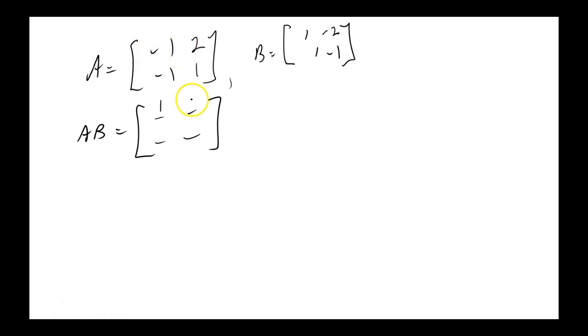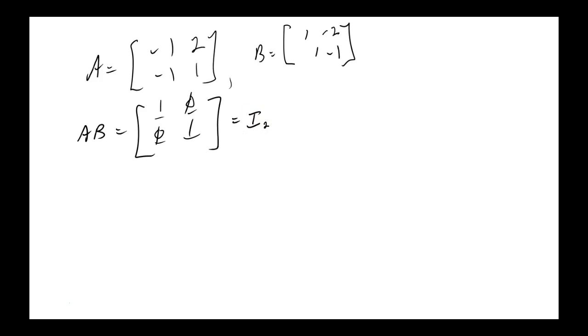Right, which is? 0. Got it. Next? Negative 1 plus 1. 0. And 2 minus 1. 1. Hey, that's the identity matrix. And it's a 2 by 2 identity matrix, I2.